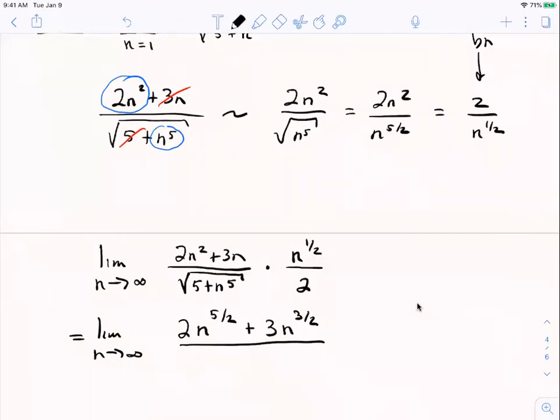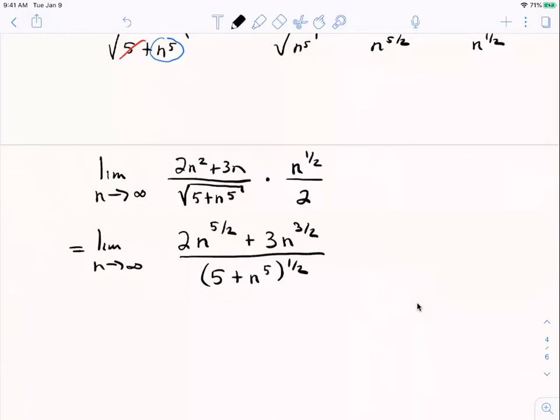And down here in the denominator, I'm going to write it as 5 plus n to the 5th, all to the 1 half. So in this limit, we can ignore lower order terms, right? We don't have to pay attention to this 3 halves power. We don't have to pay attention to that 5, it's under the square root.